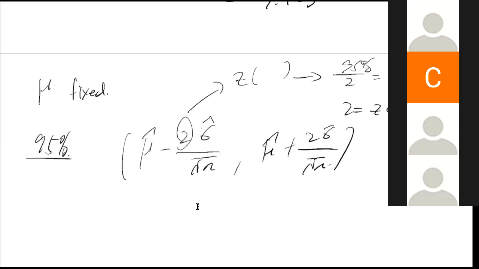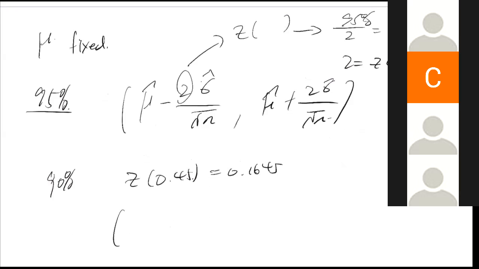The confidence interval for other levels could be different. For a 90% confidence interval, we are dealing with the z-score of 0.45, and it is equal to 1.645.